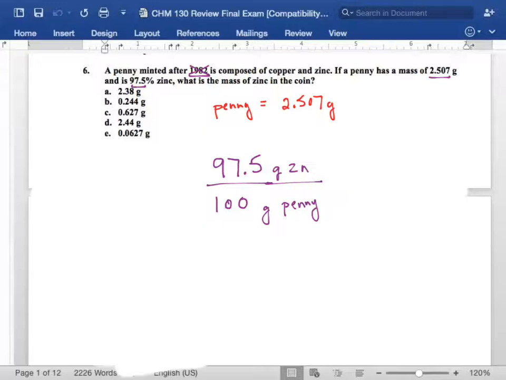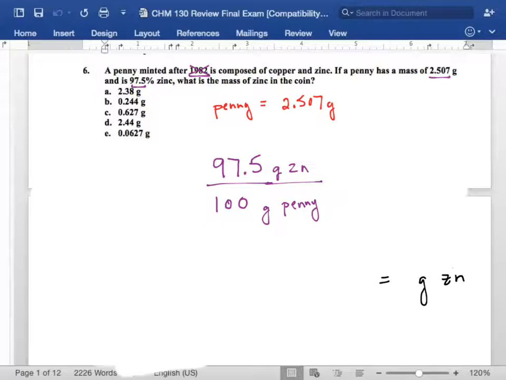What am I being asked to solve for? I want grams of zinc. In the given information, do I see grams of zinc show up anywhere? Yeah. Where does it show up in my given information? Numerator, denominator? Numerator. Where does grams of zinc need to show up in my answer? Numerator.